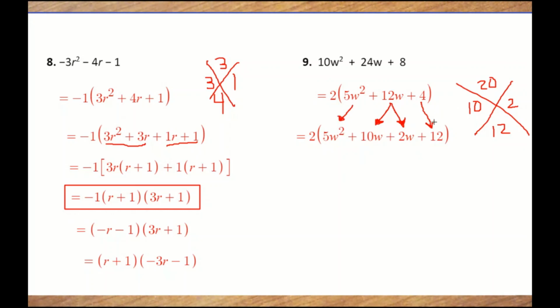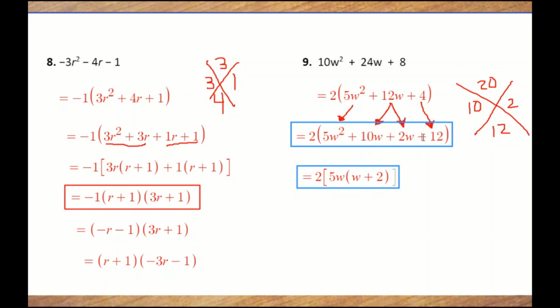So now that I've got those 4 terms, I can actually execute the grouping technique here. So I'm going to have equals, and I'm going to swap these over for brackets just because I know I'm going to have parentheses on the inside like I did over here. The GCF of these first 2 terms is going to be 5w. So 5w times w plus 2.